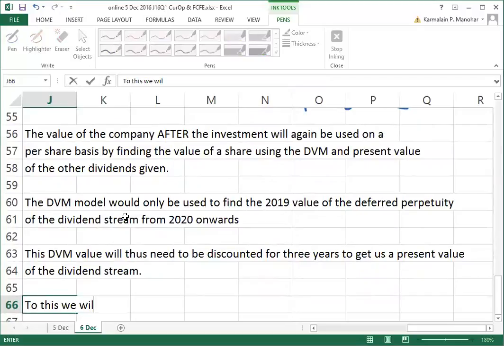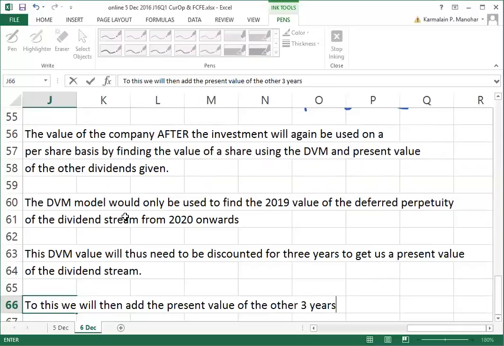We will then add the present value of the intervening or of the other 3 years, which would be 2017.